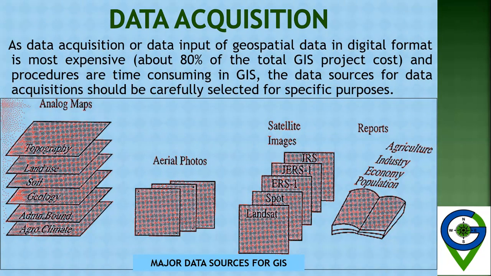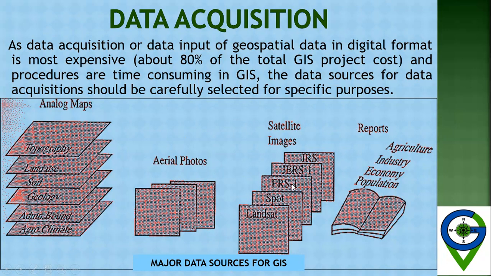The major data formats for GIS are analog maps containing topography, land use, soil, geology, administrative boundaries, and agroclimatic regions maps. All these maps form the major data sources for GIS. Then the aerial photographs, which we have already discussed.